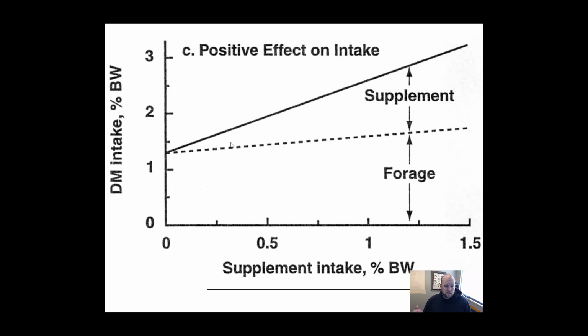So the supplement is just additional nutrients on top of the grazed forage. That's our default position, what we assume happens, but that is not always what happens in reality in grazing systems.